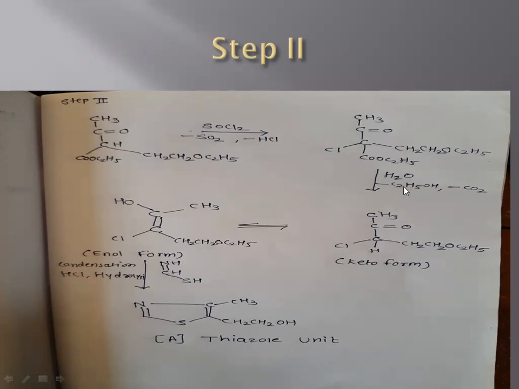As we get this type of compound where one chlorine atom is added in the position of hydrogen, the next step we are going to do is a hydrolysis reaction. In the hydrolysis reaction, what will happen? The group, if you are able to see, that ester group, that is C double bond O, OC2H5, right? This one is a carbonyl carbon. So when we add H2O, if we ionize it, we will get H plus and OH minus.